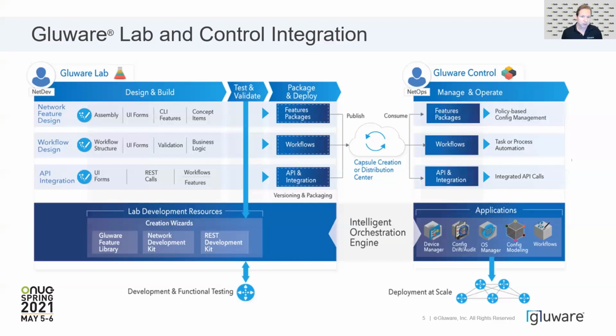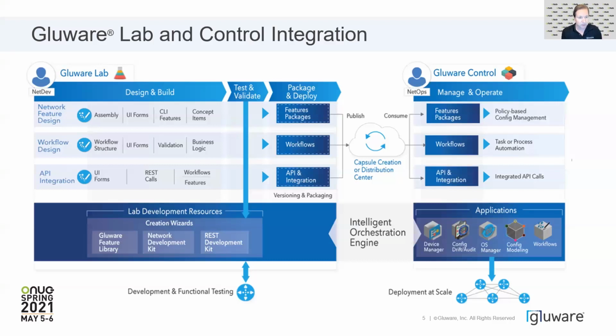The only thing I would caveat is that each organization operates differently. Some want to just consume the applications that deliver the functionality, and will wait for Gluware to add features and expand our product line. Some need new features and customization, but they don't want to do it themselves. So they engage with Gluware, or we often engage a partner of ours that does the work and the customization.